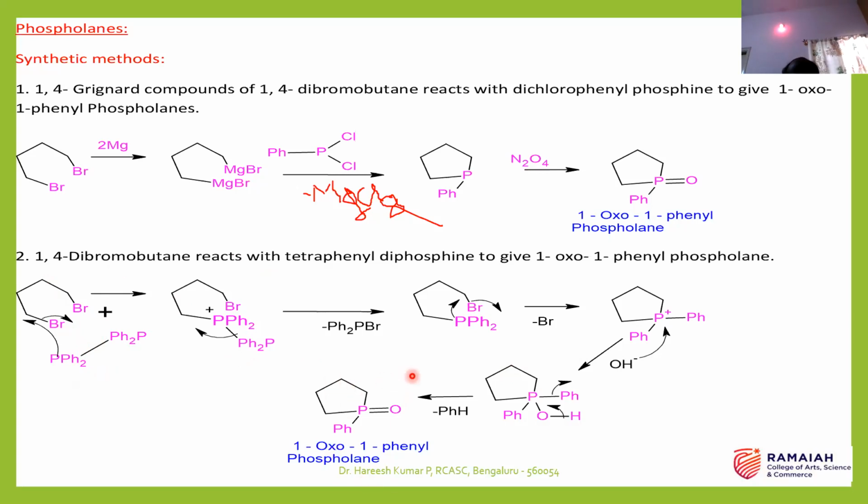This is one more method of preparation of 1-oxo-1-phenyl phosphorane. So these are the two methods for the preparation of 1-oxo-1-phenyl phosphorane. With this, I will go to the next slide.